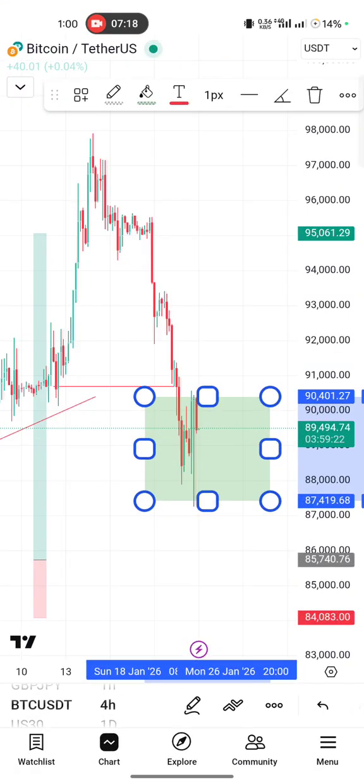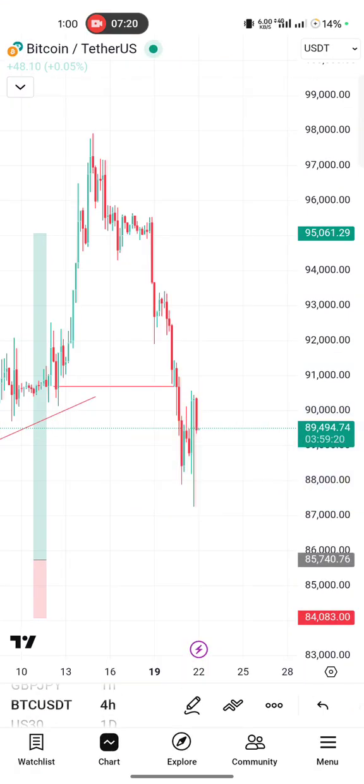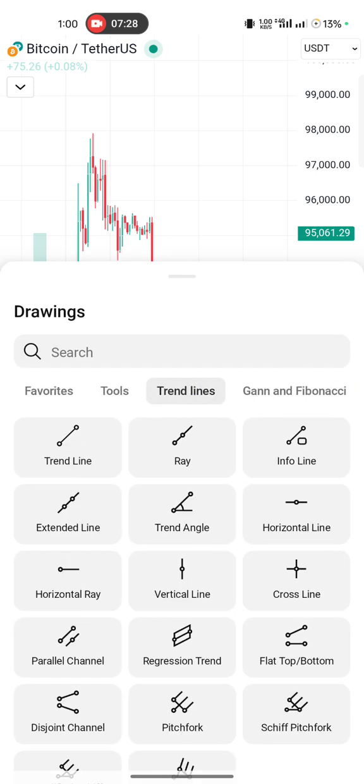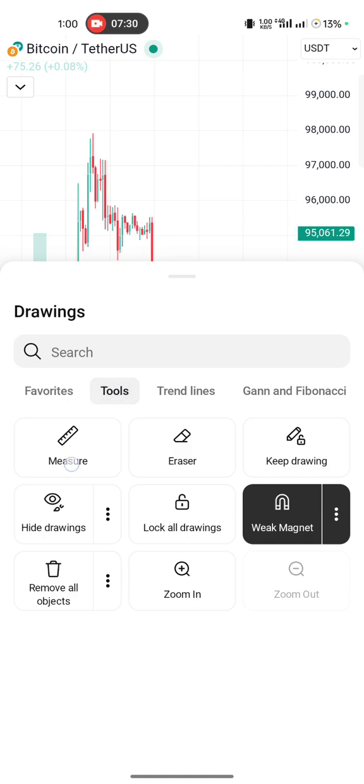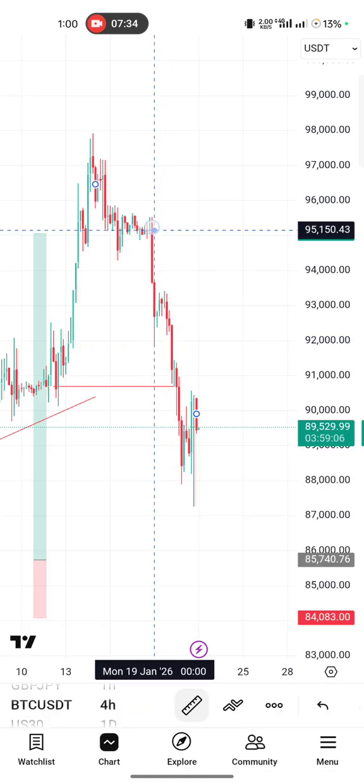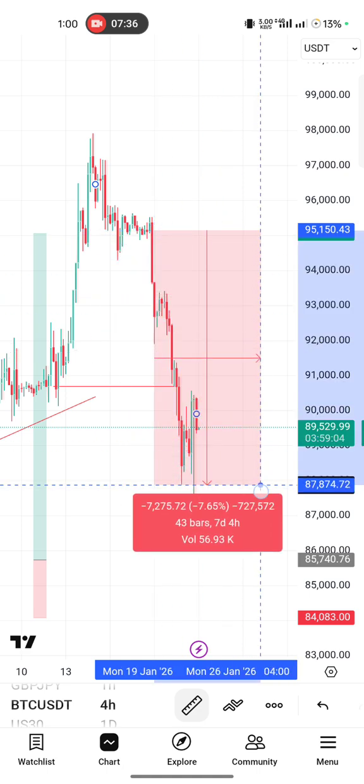Another way we can get our accurate pips is by using the measure tool. We can use the measure tool from this place down to this place.